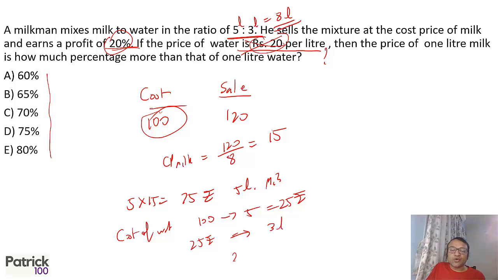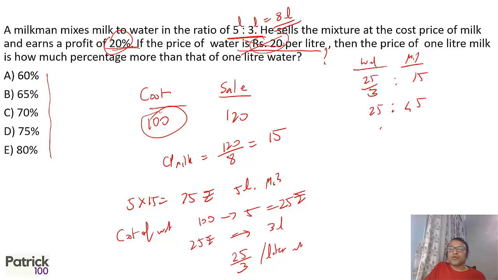So per liter the cost of water will be 25/3 per liter. So if I take the ratio of water and milk, water is 25/3, milk is 15, or 25 is to 45, or 5 is to 9. How much more? 4 out of 5 more, which is 80%. That will be the answer. 4 out of 5 more, 80%. That's how you can go about it.